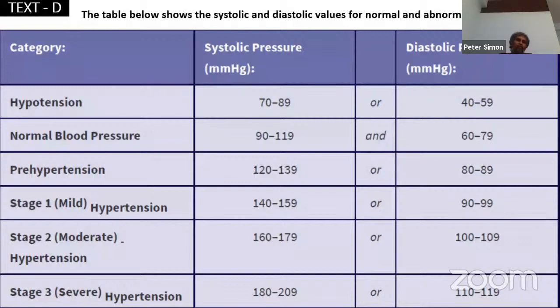You cannot say hypertension, because normal means no hypertension. That's very clear. So these are values for normal and abnormal. So, blood pressure levels.